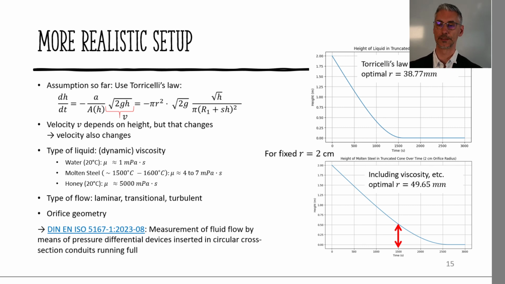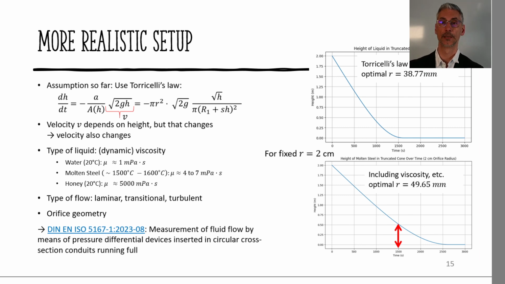Before we had used the example at 2 centimeters, right? And this is what the plot shows us here. You can see if we make the plot for a fixed radius, before we had the vessel empty at about 1500 seconds, and now it takes much longer.